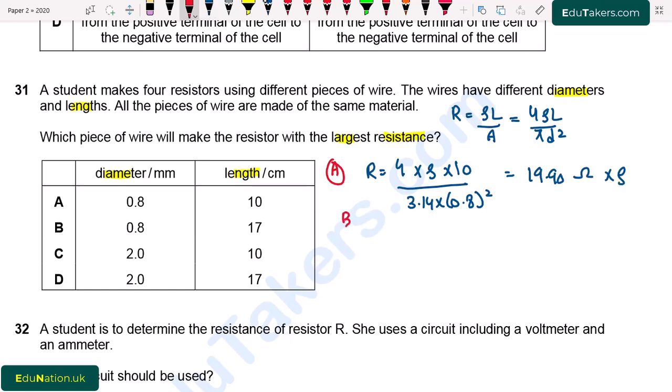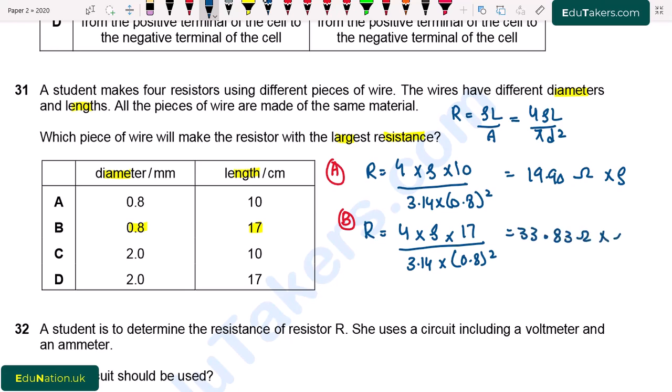For the wire B, R will be equal to 4 multiplied by resistivity. Length is 17 while the diameter is 0.8. 17 divided by 3.14 and 0.8 square. So the resistance will be equal to 33.83 ohms multiplied by resistivity.